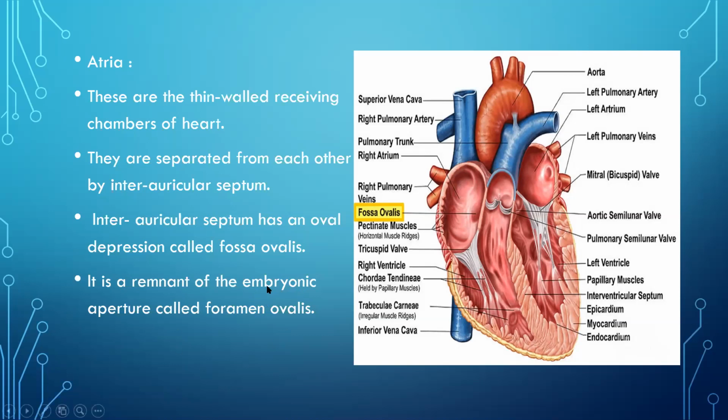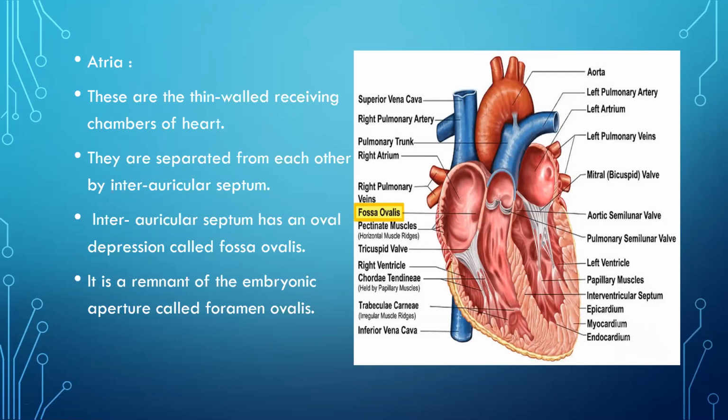When the baby is in the womb of the mother, the baby's lungs are not exposed to air. So what happens? Through this opening, the baby is given oxygenated blood from the placenta of the mother.